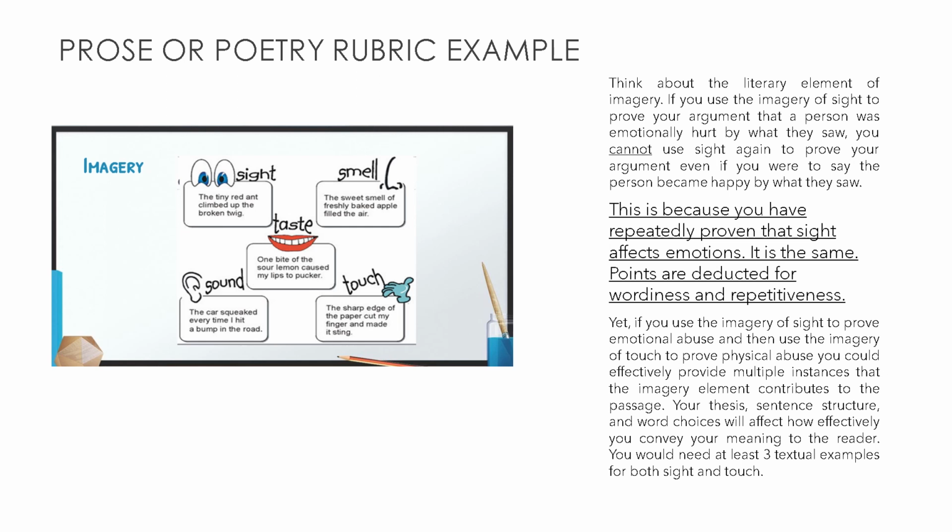Your thesis, sentence structure, and word choices will affect how effectively you convey your meaning to the reader. You would still need at least 3 textual examples for both sight and touch.